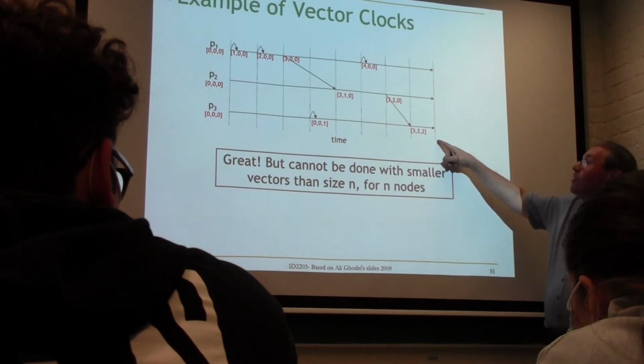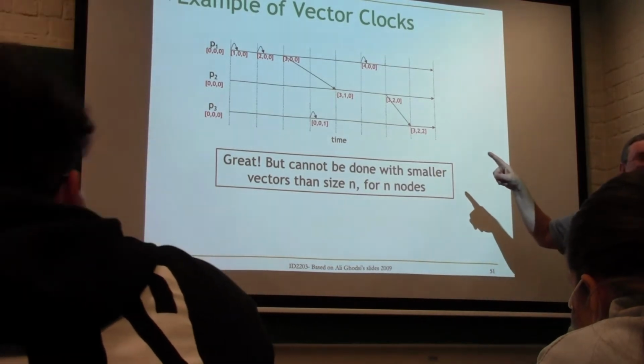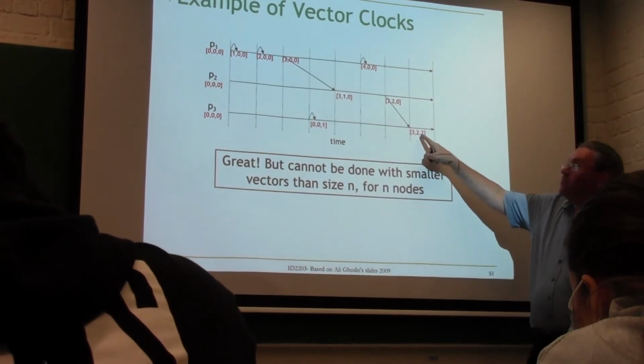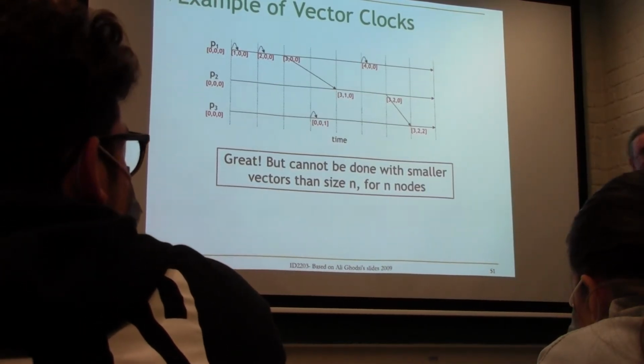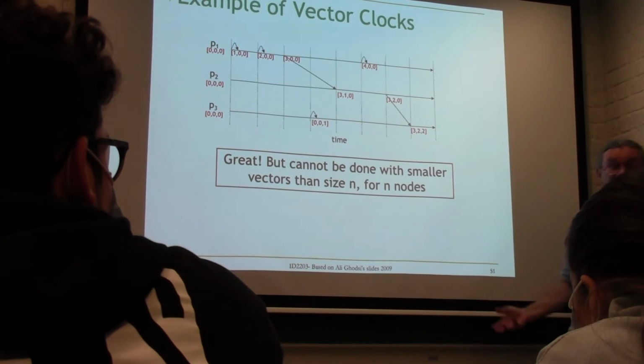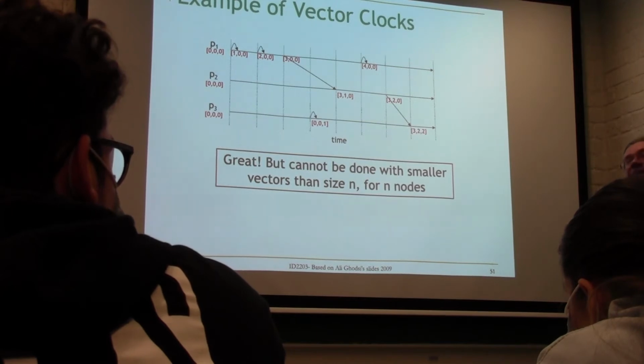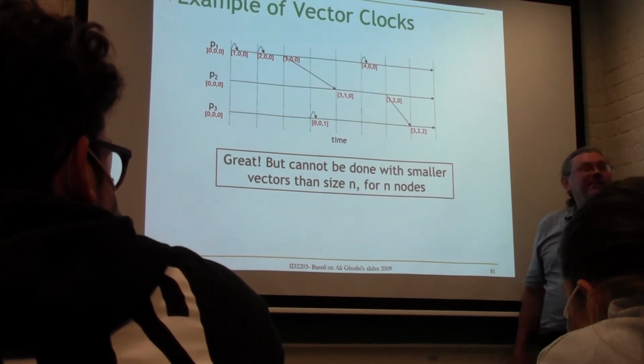But this does not work with millions of Facebook users. No way that every Facebook user is going to have an element in a million-element vector. And it's true that Facebook does not guarantee causality. It tries, but sometimes there's a mistake.